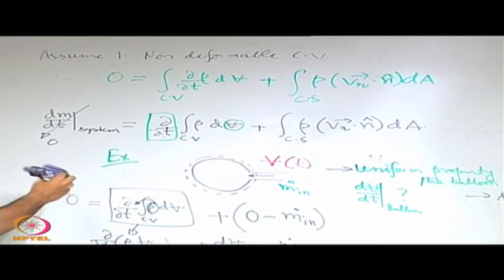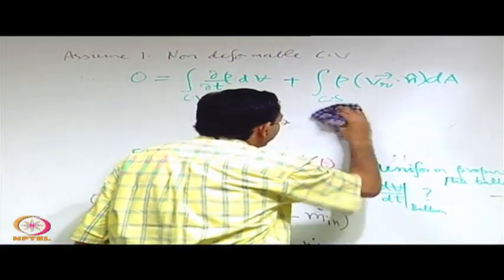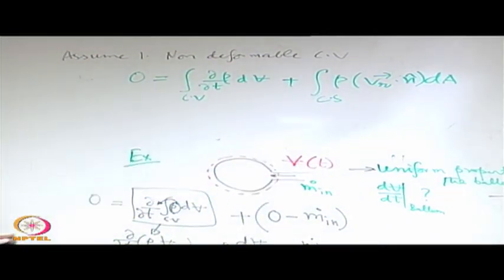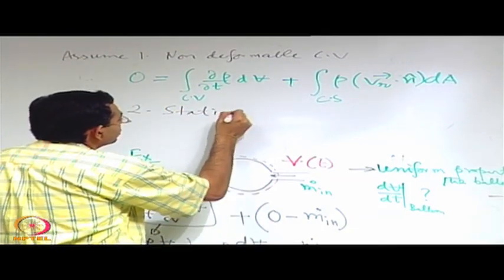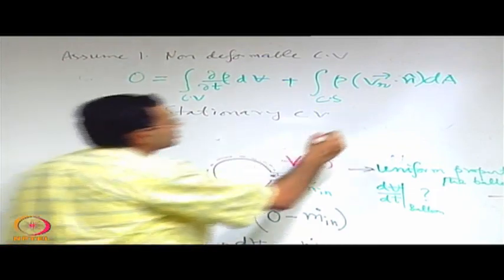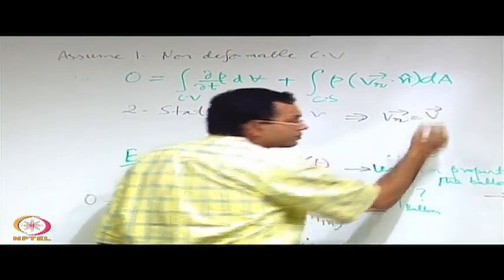Next we will make another assumption. The assumption is that the control volume is stationary or fixed. If you have a stationary control volume, then what is the consequence? The consequence is v relative is equal to v.